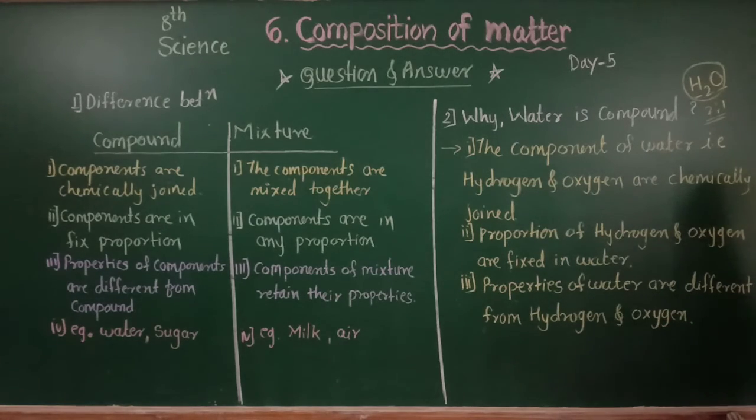Hydrogen and oxygen are gases, but the water formed by these two components is a liquid. So this is the difference in their properties. So write down this question and answer in your notebook.